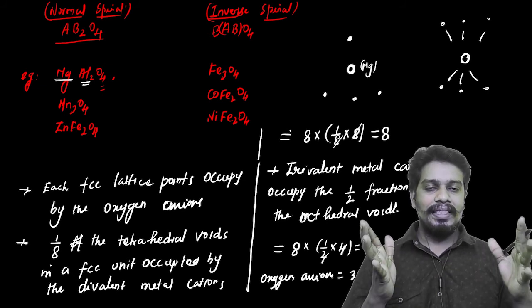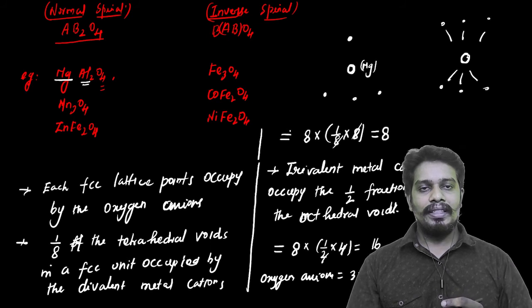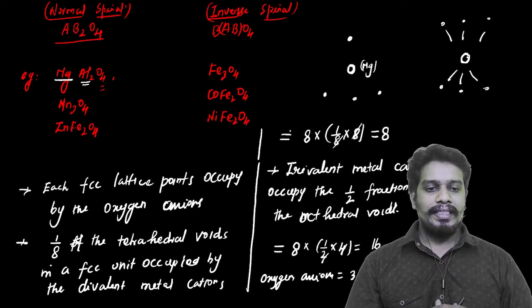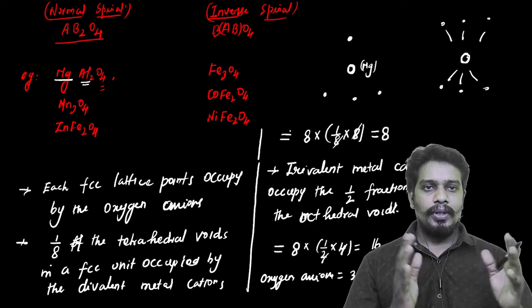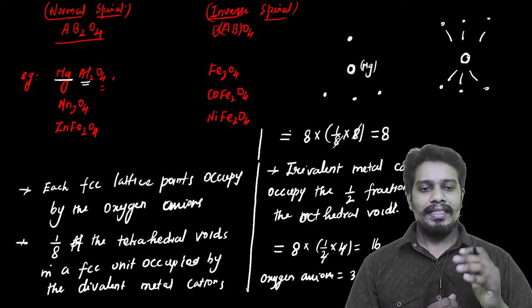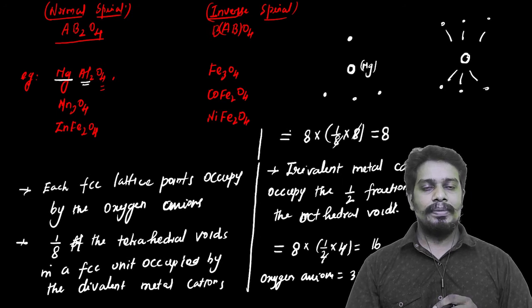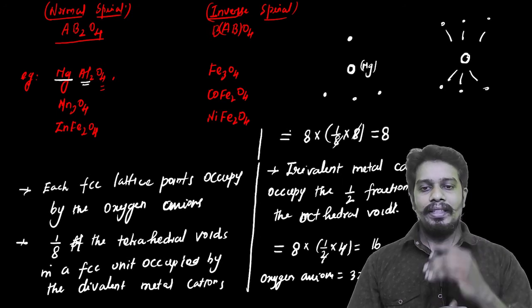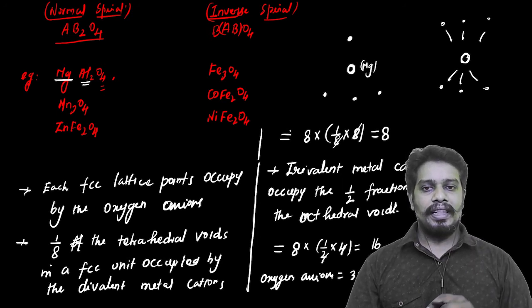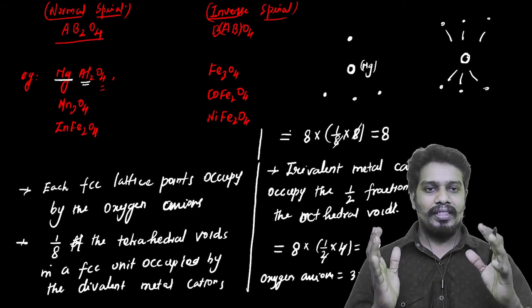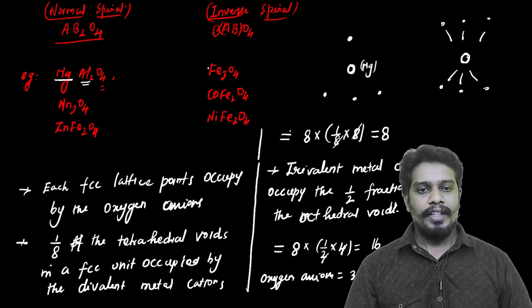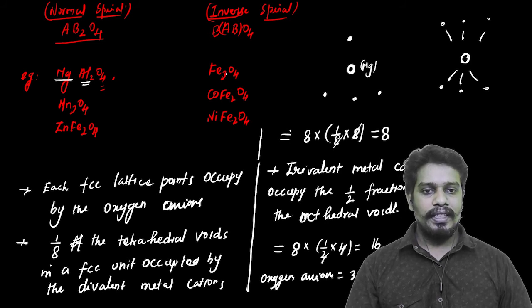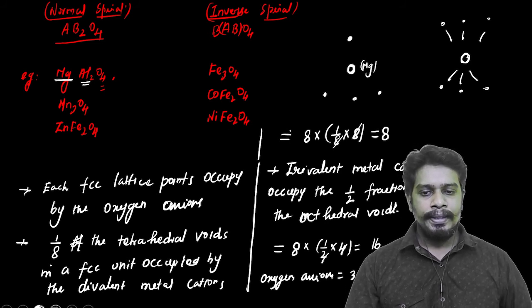In 8 FCC, 8 into 4, there will be a total of 32 oxygen anions per spinel structure. So 32 oxygen anions per spinel structure, 16 trivalent metal cations, and 8 divalent metal cations. This is called the normal spinel structure. Maybe it will be different for the inverse spinel structure. I will say that at the end of the lectures.